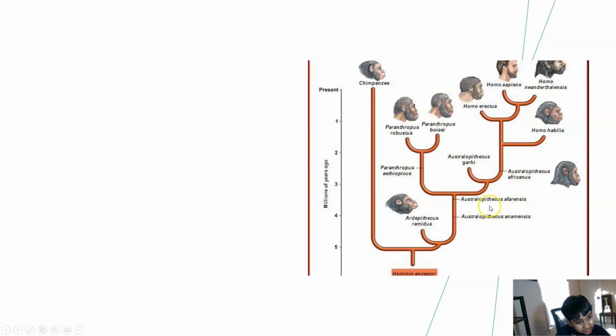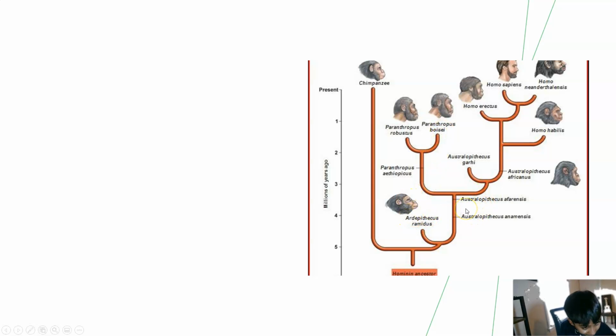Australopithecus anamensis is Australopithecus afarensis's ancestor. Paranthropus boisei and Paranthropus robustus are both cousins, but their ancestor is Paranthropus aethiopicus. Okay, and their ancestor is Australopithecus afarensis, and Australopithecus anamensis is the ancestor of Australopithecus afarensis.